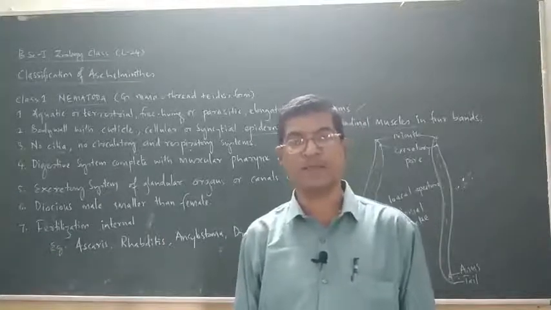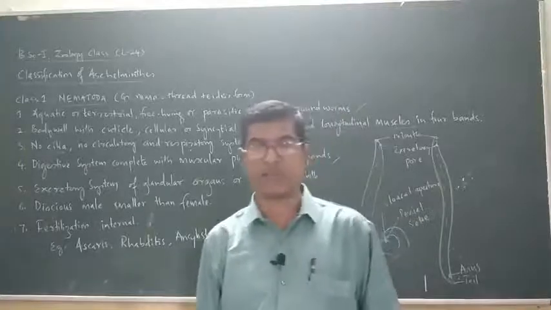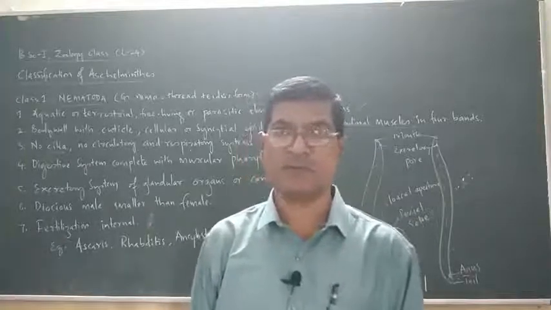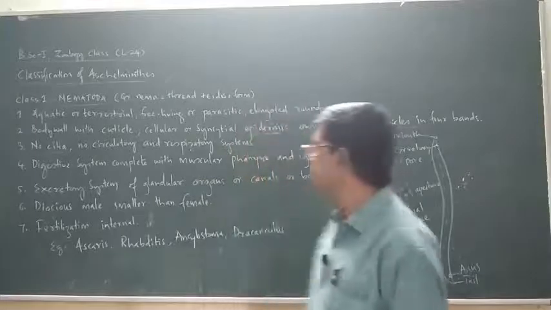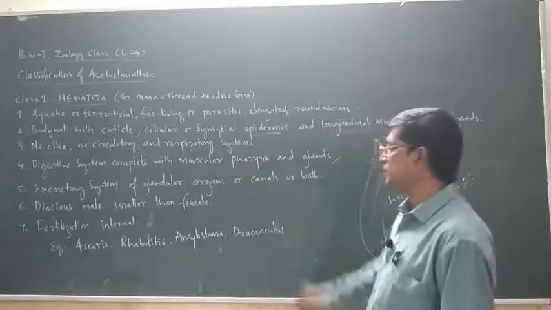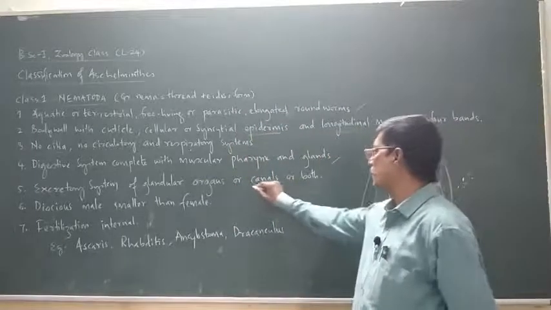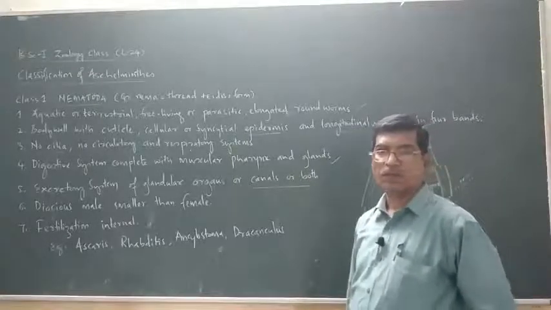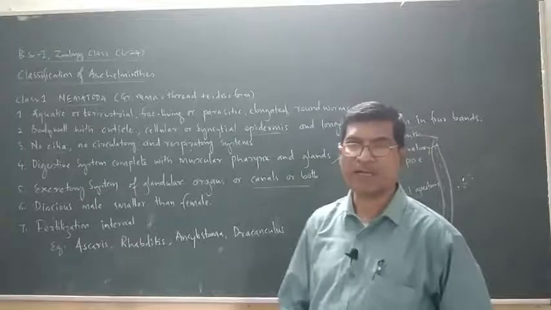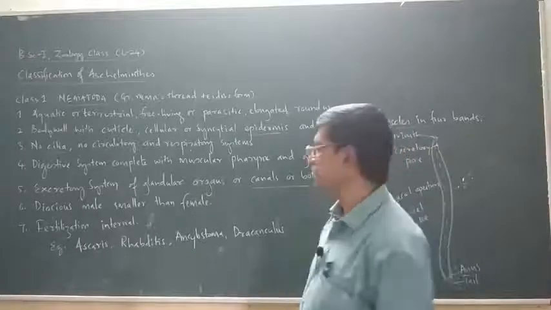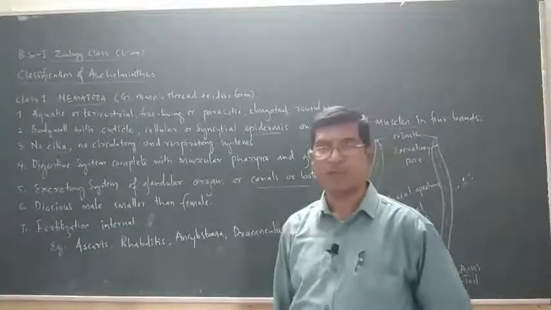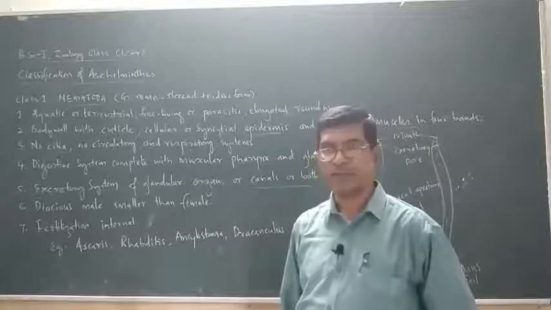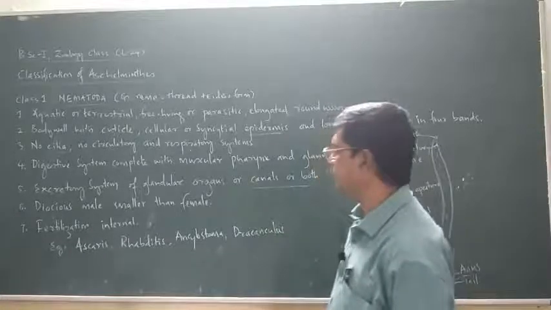This excretory system excretes nitrogenous waste from the body to the exterior. Glands or canals or both may be present for excretion of unwanted substances from the body.